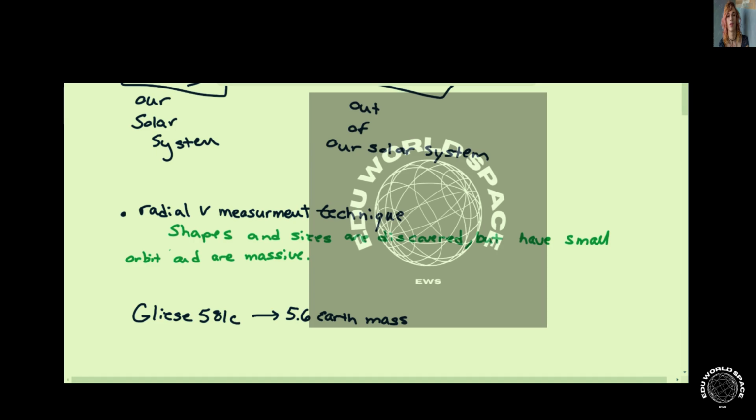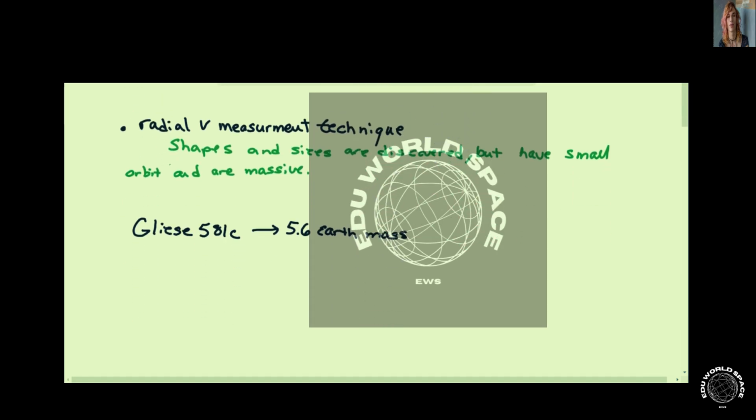But the actual mass is 7.7 Earth masses. Thus, the radial velocity measurement method detects only the lower limit mass.